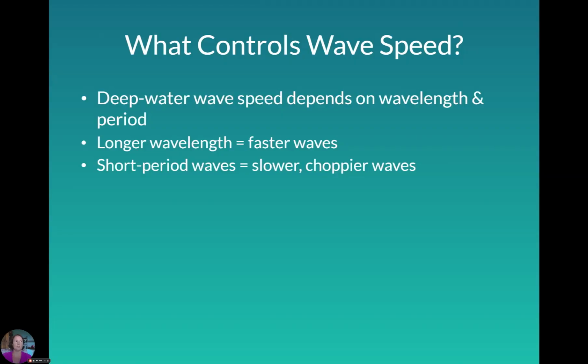And that's why a long period swell can feel very, very powerful, even if it's not very tall. In contrast, those short, choppy waves feel more chaotic, which is what makes it more difficult to swim in those choppy, short period waves. And if you surf or spend any time in the water, you probably feel that yourself too. And I'd love to hear examples of that in discussions or in office hours.